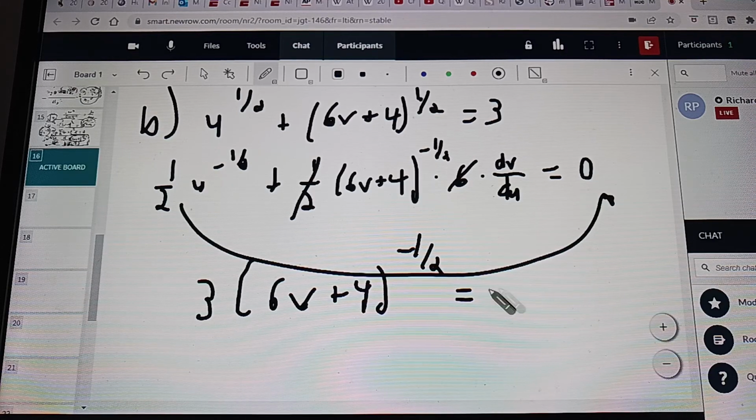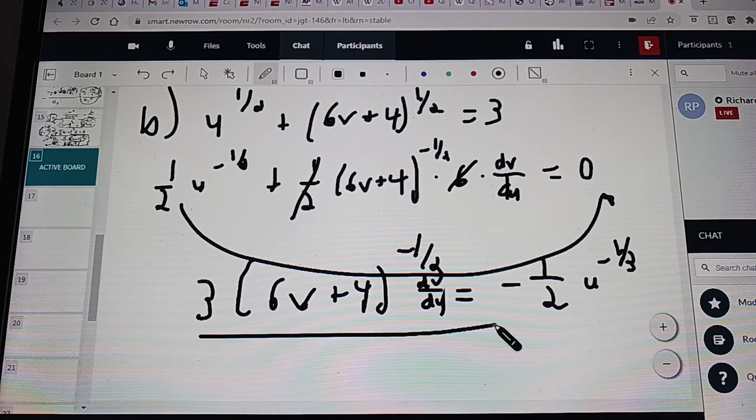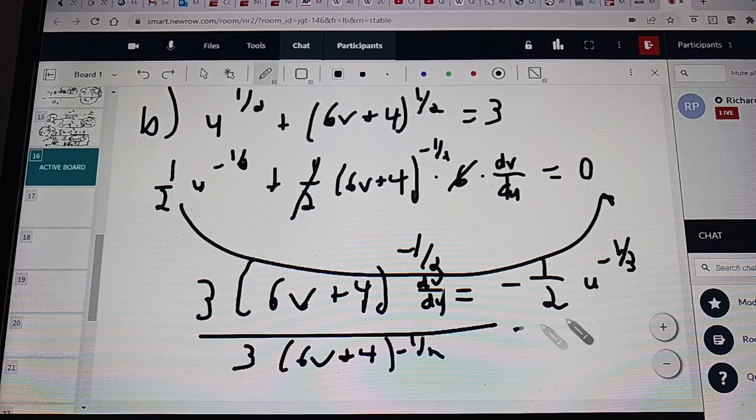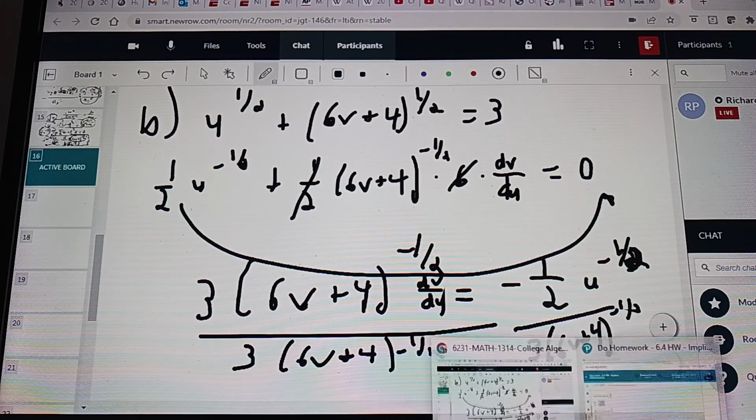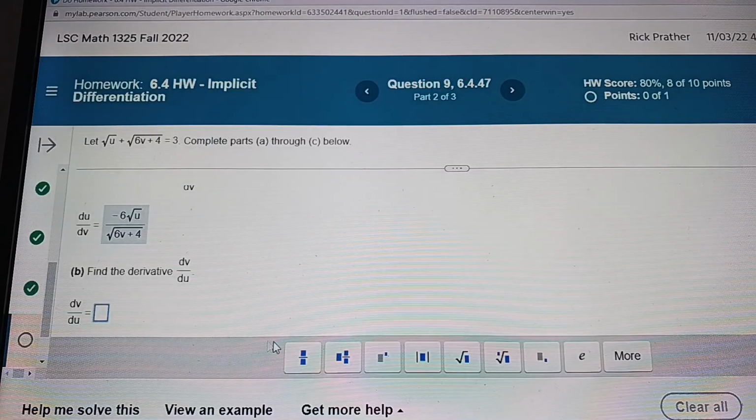Whoops. Forgot my little dv over du right here. So divide by all this stuff. And this time I'm going to plug it in this messy format. This is supposed to be a 2, even though it looks like a 3. Okay, so let's see if they take this, so that way you'll know whether you need to do this or not.